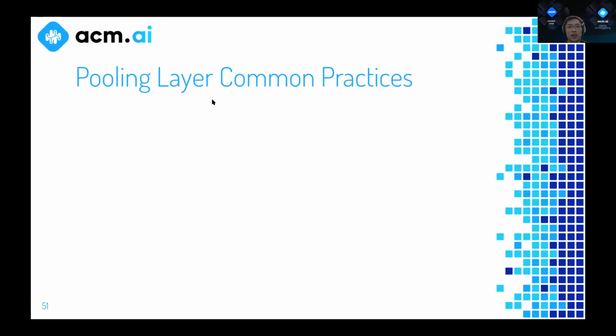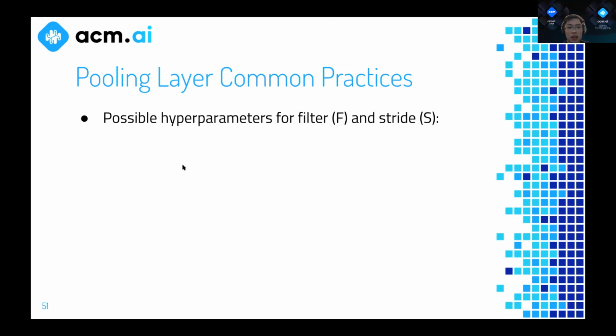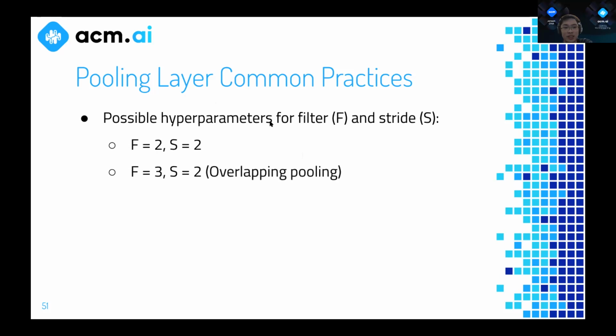Let's talk about some common practices for pooling itself. Some common hyperparameters are the filter size, F, and the stride, S. This is very similar to the hyperparameters that we discussed for the convolutional layer.